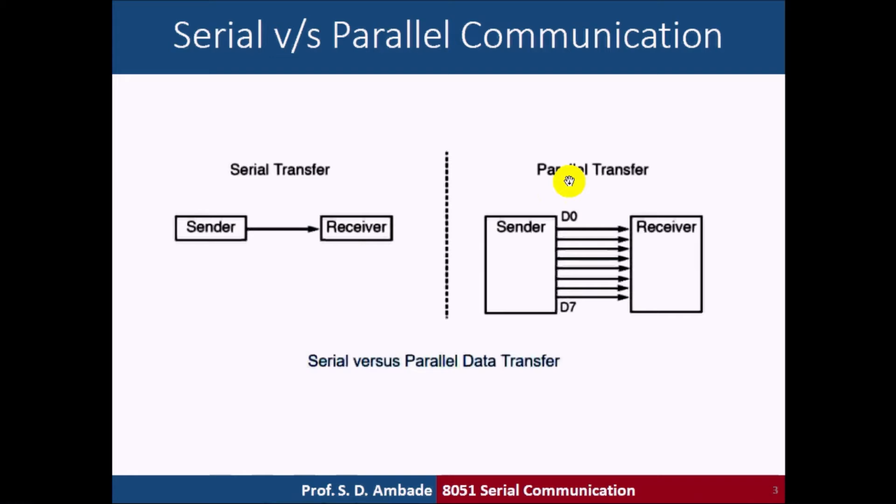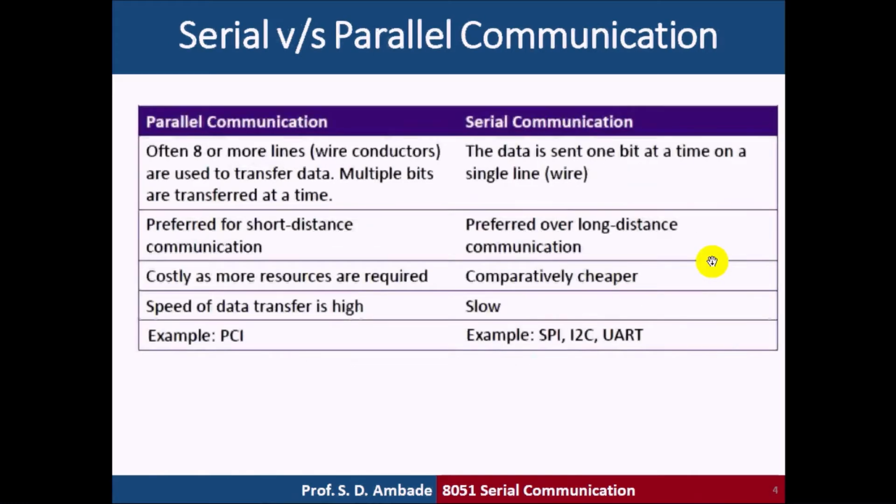In the right hand side, you can see the block diagram of parallel communication where the number of lines is 8, D0 to D7, between sender and receiver. It may be 8 or more than 8 data lines to transfer data between sender and receiver. So this is the comparison of serial versus parallel communication.